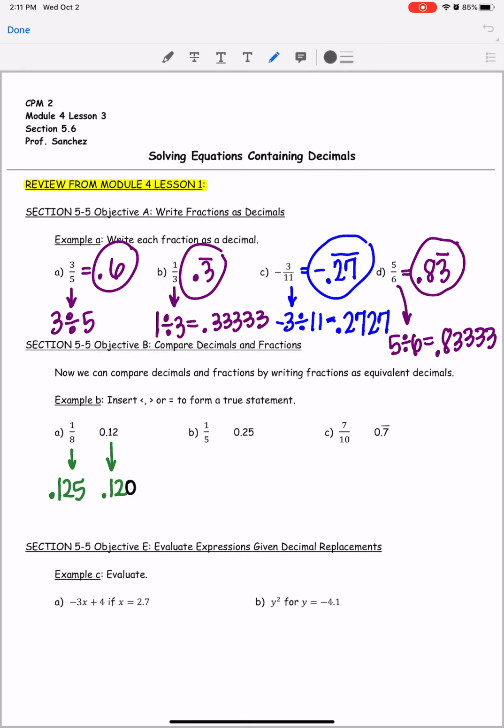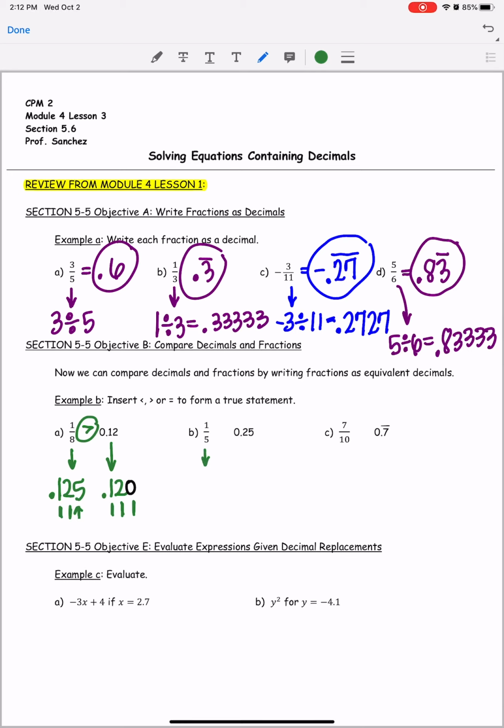So now just compare each digit to each digit until you find one that's different. You have the 1 and the 1. Those are the same. 2 and 2. Those are the same. But now I have a 5 and a 0. Which one of those is bigger? That 5. So your Pac-Man eats that bigger number. Okay, same thing here.